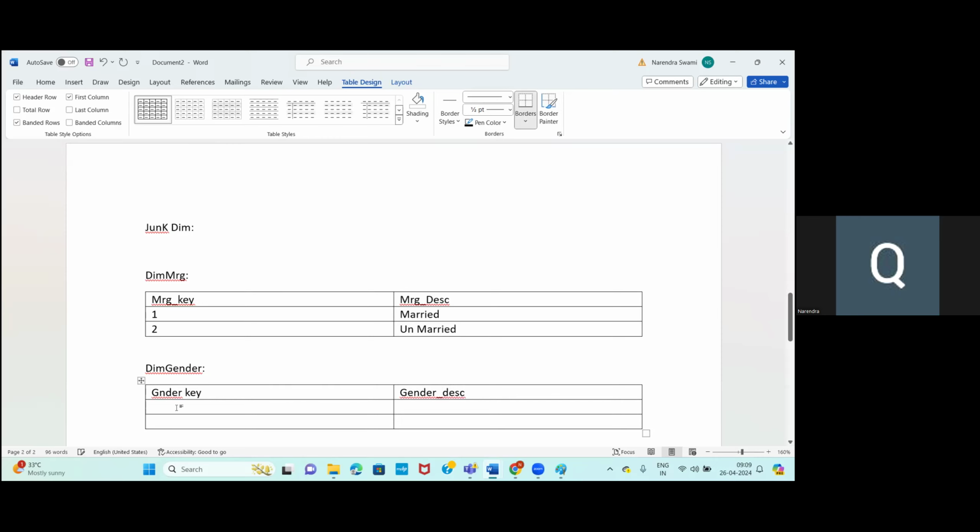Gender key is one and the description is male, and gender key is two and the description is female.